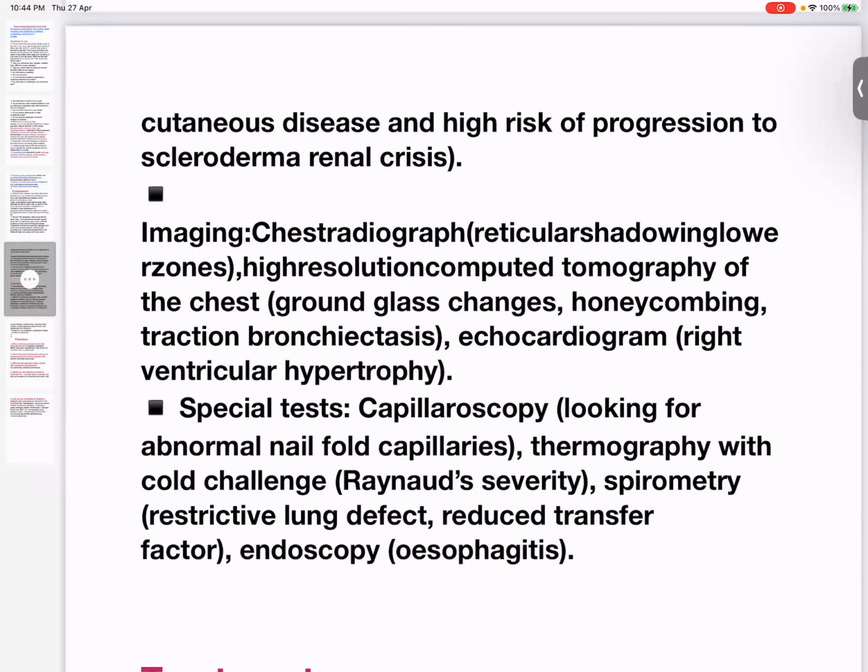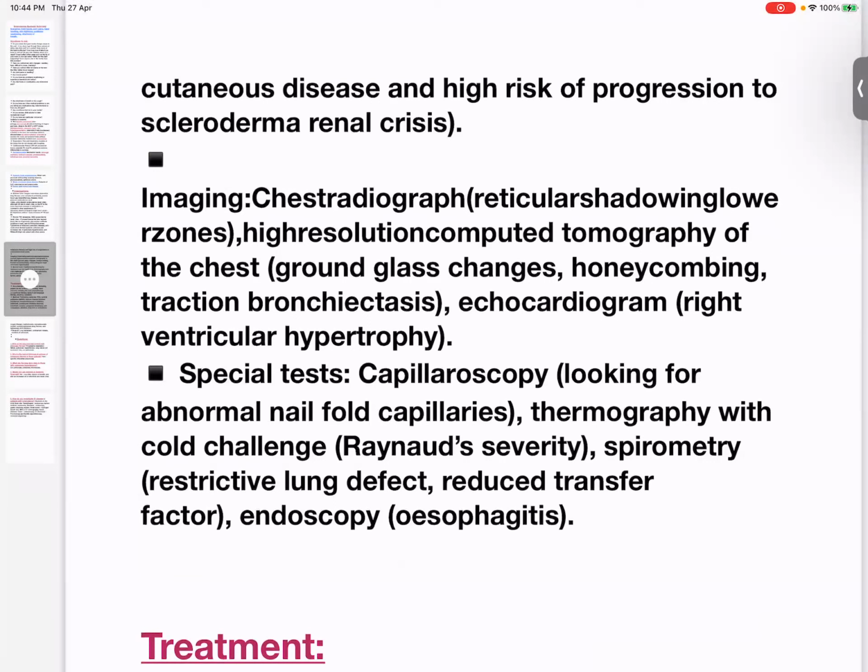High resolution CT, you will find ground glass changes and honeycombing, and sometimes you will find manifestations of bronchiectasis. Why bronchiectasis? This can be associated with any autoimmune disease: damage and dilatation of the terminal bronchioles, accumulation of secretions, and chronic infection.